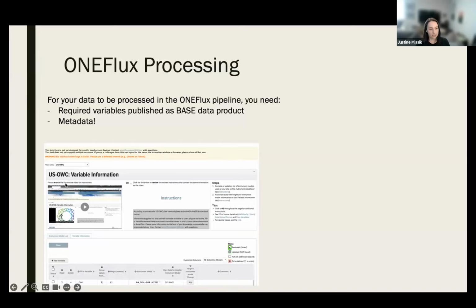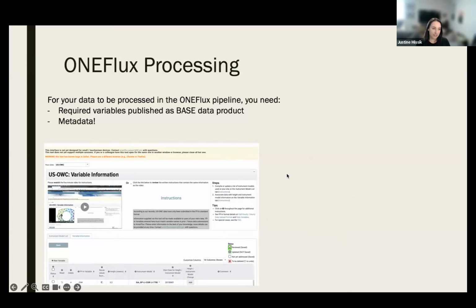And they have video instructions or written instructions about how to update everything. So it's really pretty painless, provided you have all of your information together.